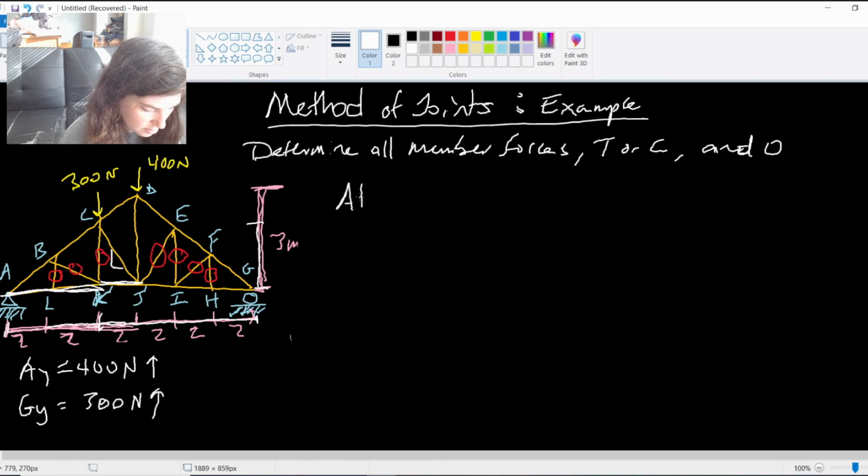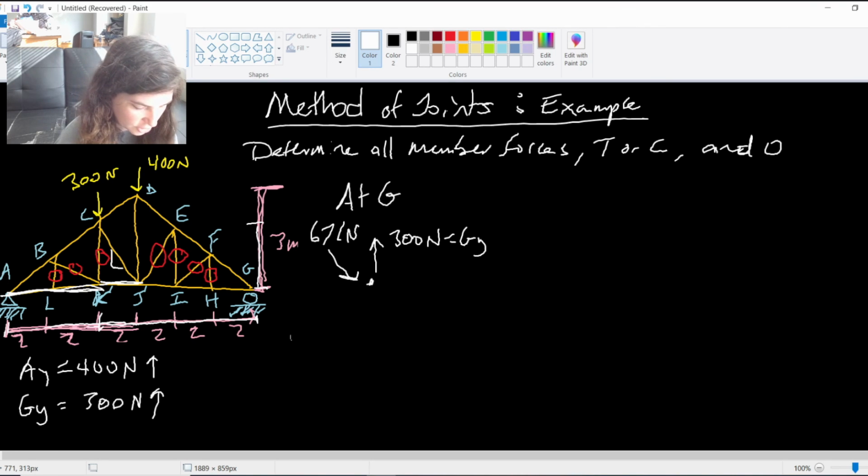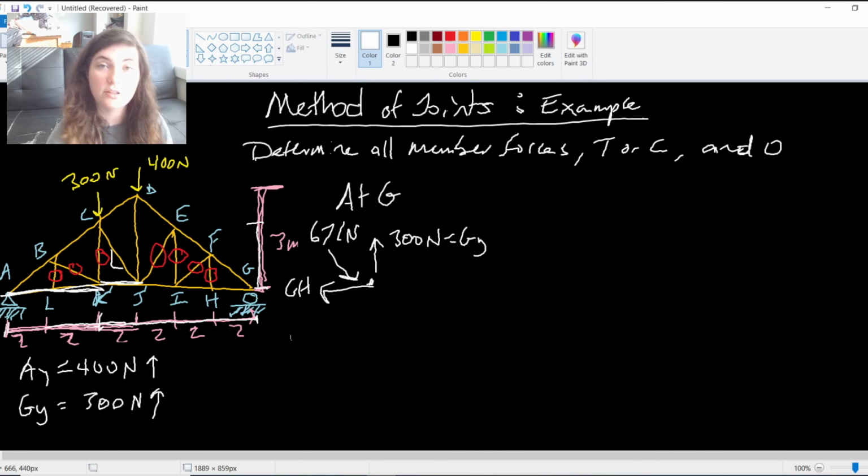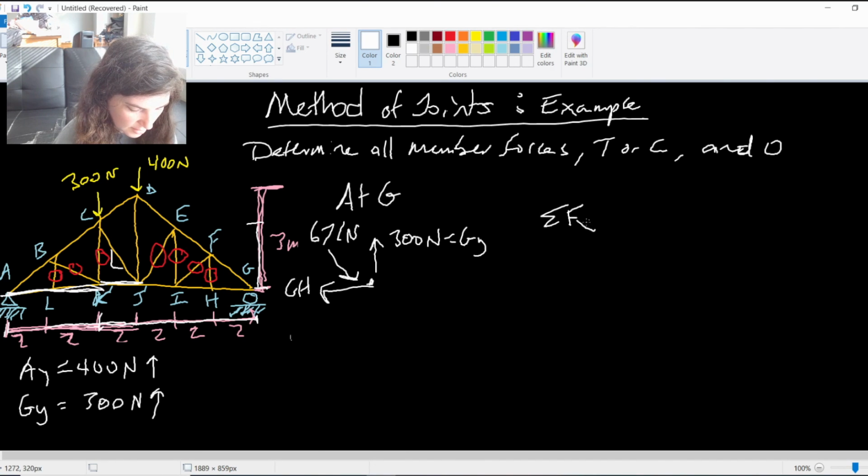So at G, I have the 300 Newton reaction force from GY. Right, that was from GY. The 671 newtons in compression coming from that FG, and then assuming GH is in tension. There's my free body diagram at G. If I go ahead and do my X component equilibrium equation, right?